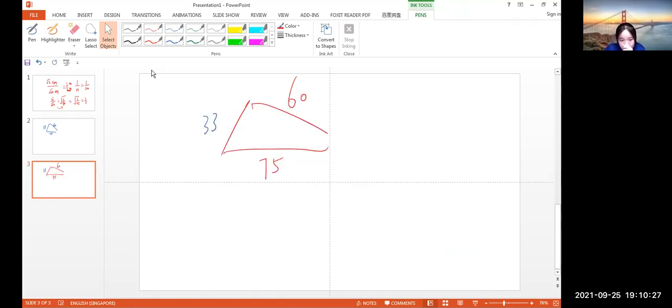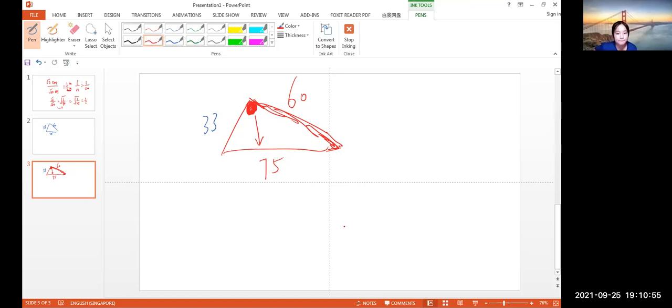So with this, if you want to find any angle, let's say you want to find this angle. This angle, the opposite side is 75. Can you see? Yeah. Okay, good. That's all you need to do.